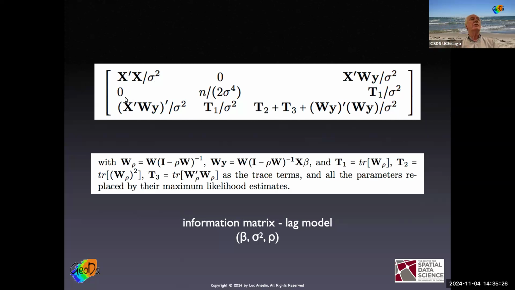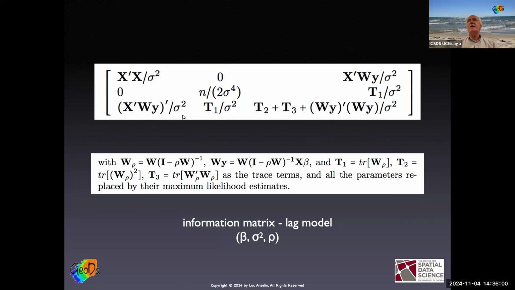Between sigma squared and the beta coefficients, we have zeros. So the inverse of this box here will also be block diagonal. In other words, signal and noise: the precision of the error term has nothing to do with the precision of your beta estimates. However, this is lost here. So in particular, the precision of the rho parameter, your spatial autoregressive parameter, will affect the precision of your beta estimates.